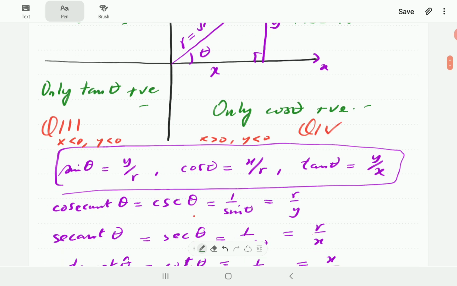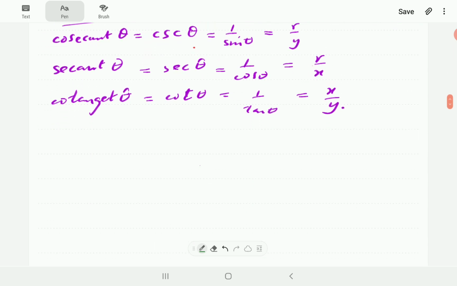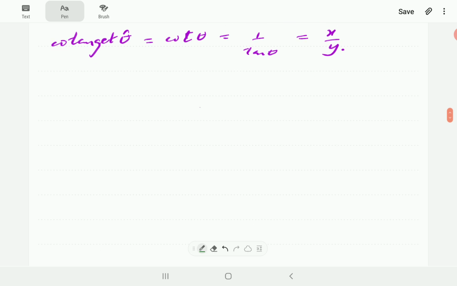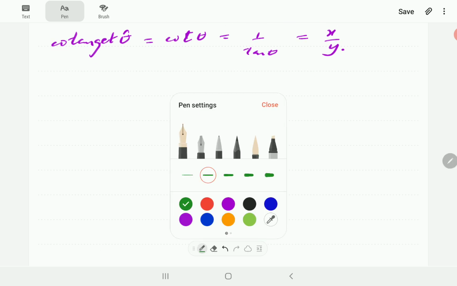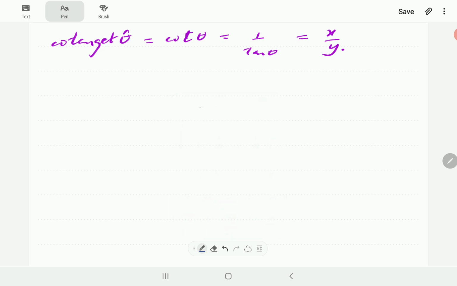Okay, the next thing we're going to talk about is what are called coterminal angles. So what are coterminal angles?